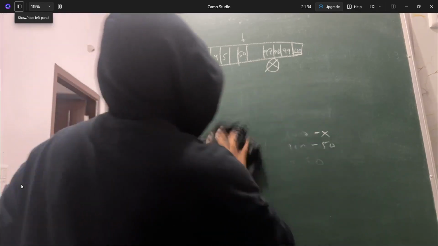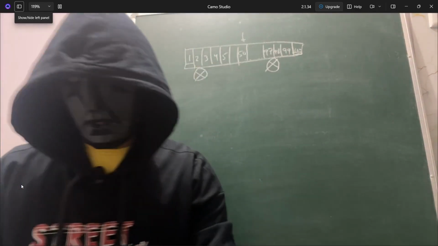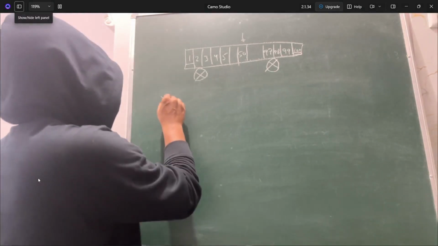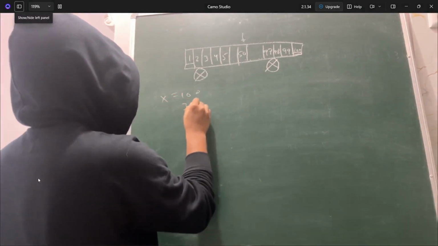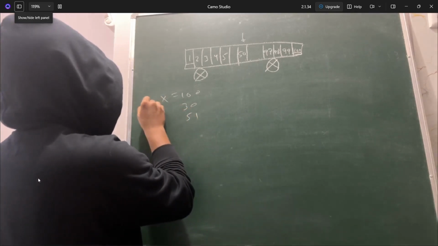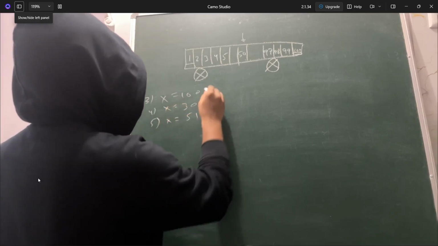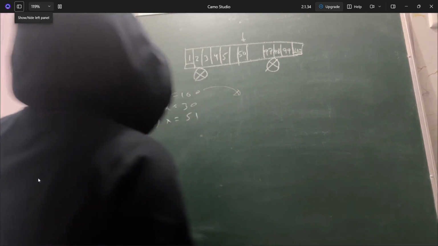Now let's look into some more examples. We have x equal to 100, 30, 51. This is the third case, this is the fourth, this is the fifth. Let's take the case when x is 100.